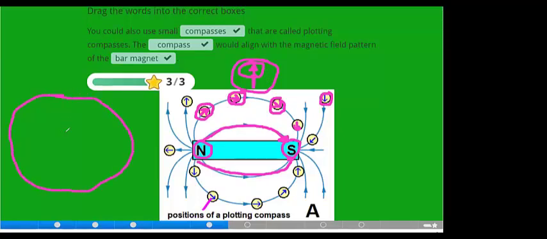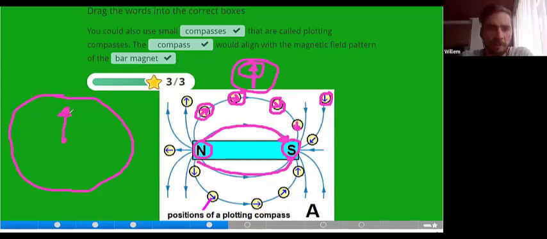So here we have a compass. That is the north part of the compass. So remember, a compass, this piece of metal, is also magnetized. Okay? And what do we know? This is the north part of the compass, and this is the south part of the compass.